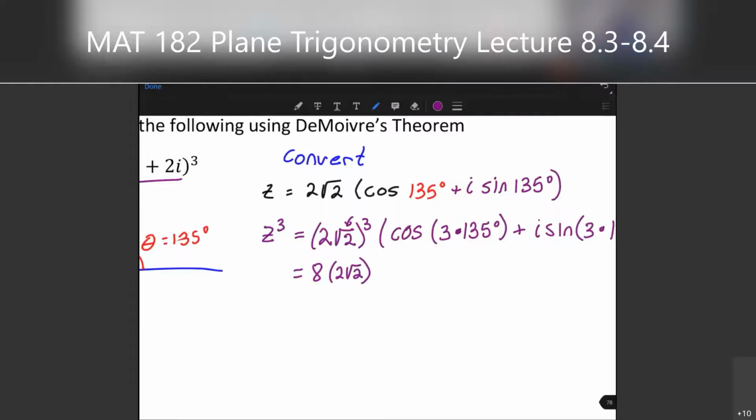Certainly we can do one more multiplication there in another line, but we'll finish that. Cosine, what would be my new argument? 3 times 135. 405, yeah. So that's 405 degrees.